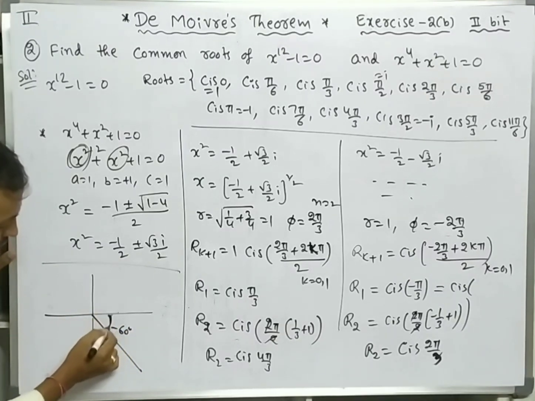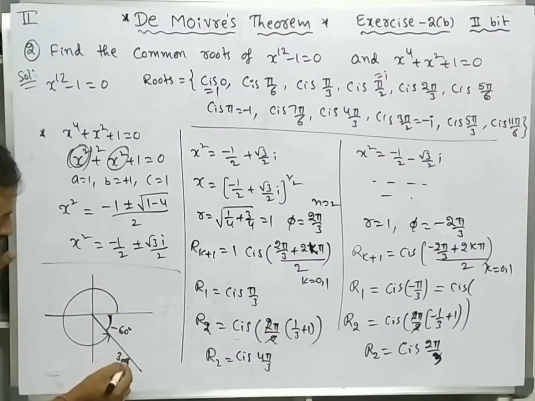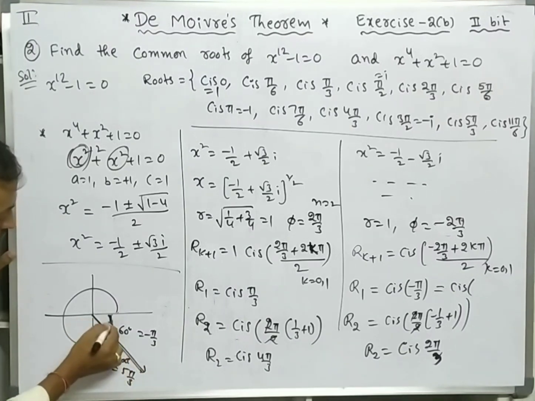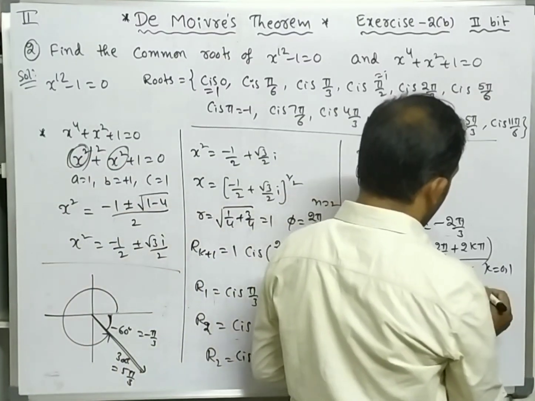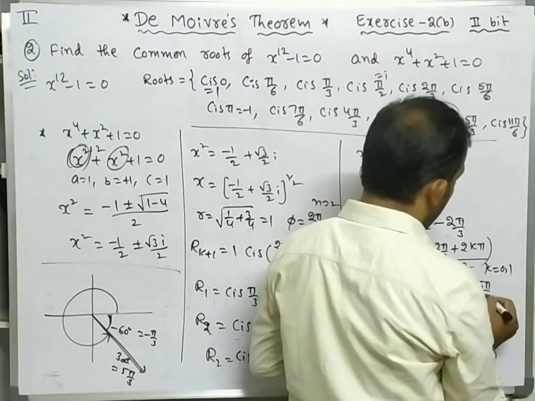So this is the angle. This is equivalent to 300 degrees. 300 means 5 pi by 3. So 300 degrees and minus 60 degrees are both equal. So cis minus pi by 3 can be written as cis 5 pi by 3.